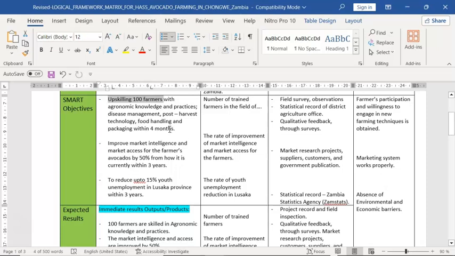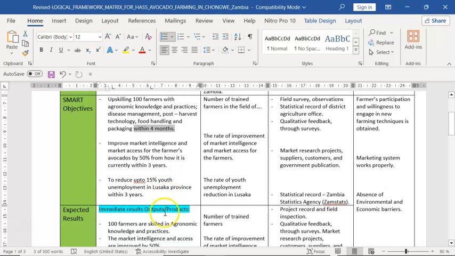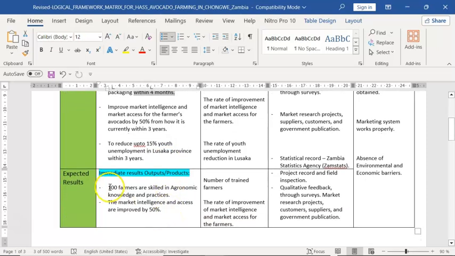And the 100 farmers, this is what is targeted within 4 months. So you project yourself after 4 months and the objective is achieved. You have one result already.